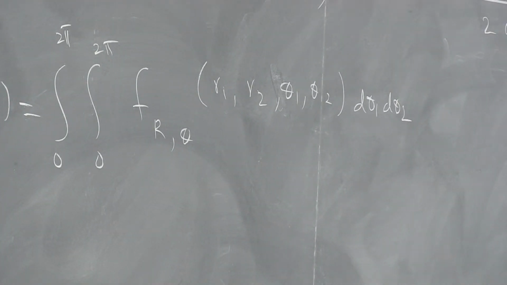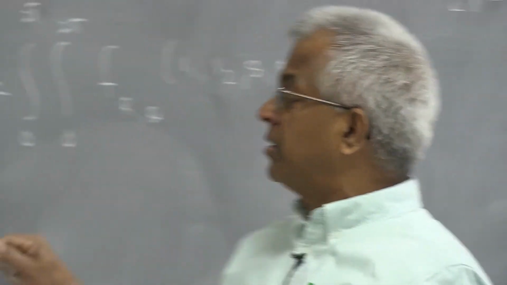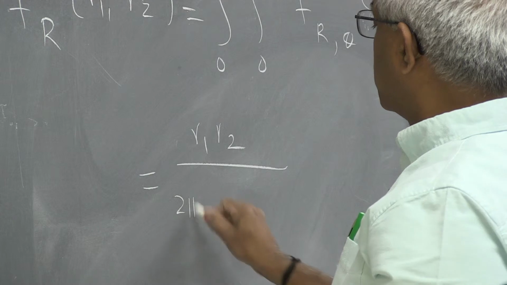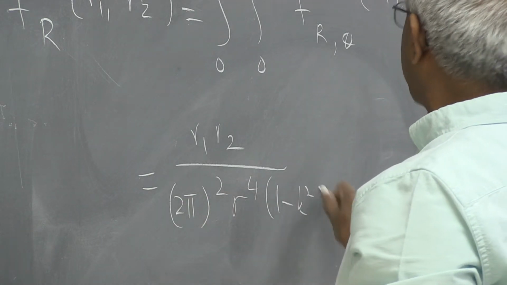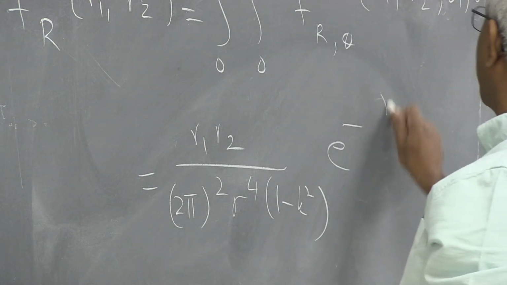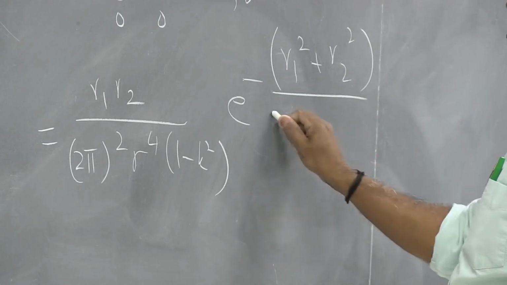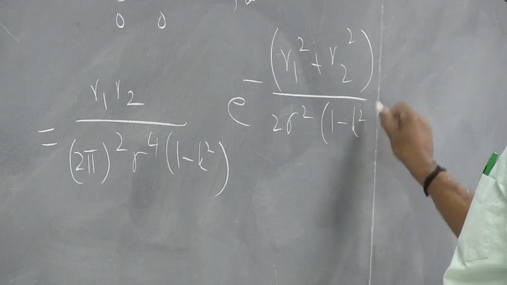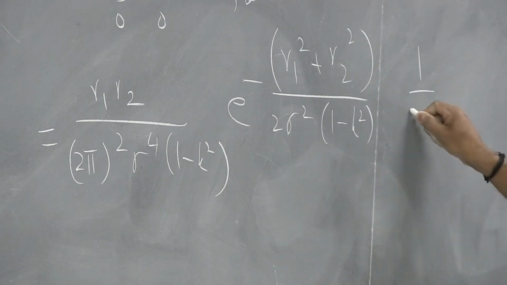So we can pull out the terms. Remember, theta 1 and theta 2 only involve this term. So you can clearly see that this can be written as r1 r2 over 2 pi squared sigma to the 4 times 1 minus k squared, times e to the power minus r1 squared plus r2 squared over 2 sigma squared times 1 minus k squared.